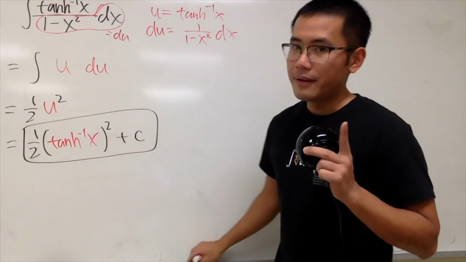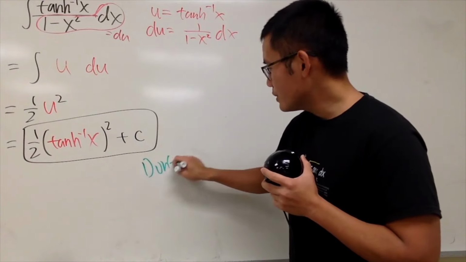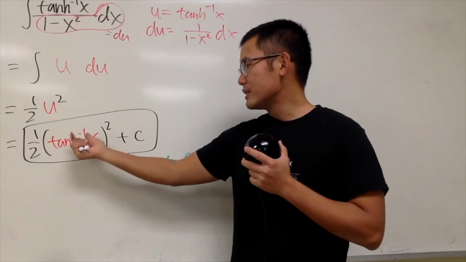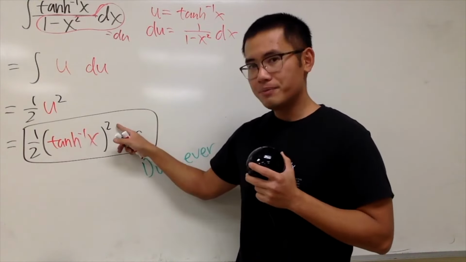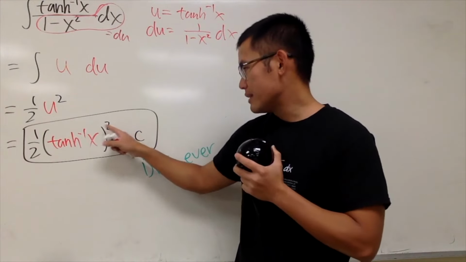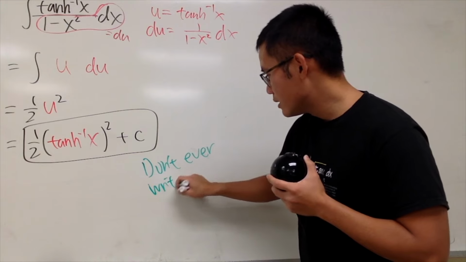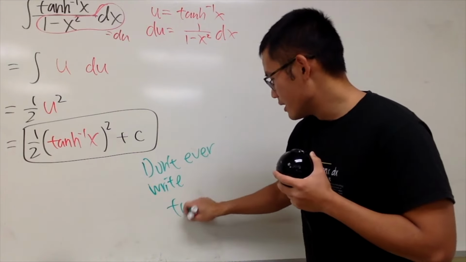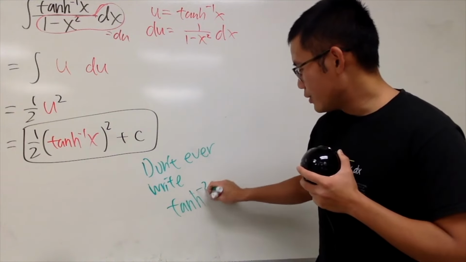Alright? Okay. Before we go, let me just tell you guys, don't ever, when you have an inverse trig function or inverse hyperbolic trig function raised to a certain power, don't ever multiply this and that together. Seriously, just don't ever write things like the inverse tanh x to the power of negative 2 like this.